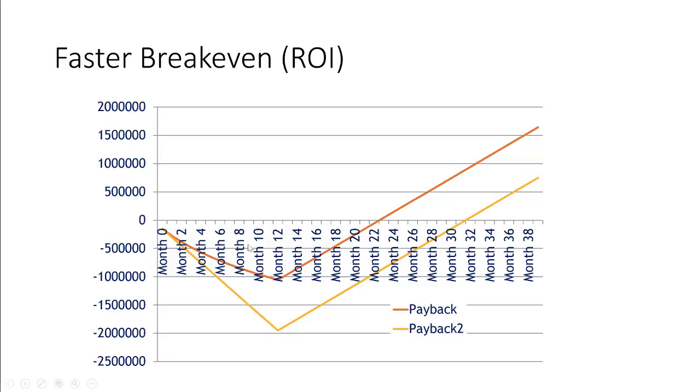Now, if you were to actually do an agile approach, your first month is exactly the same. After that, you start getting, see how this is slightly curved here? That's because you're still making the same investment, but the curve is because you're offsetting, because you're making some income from it as well. So you're immediately getting some income coming back into the company, paying for part of that project.